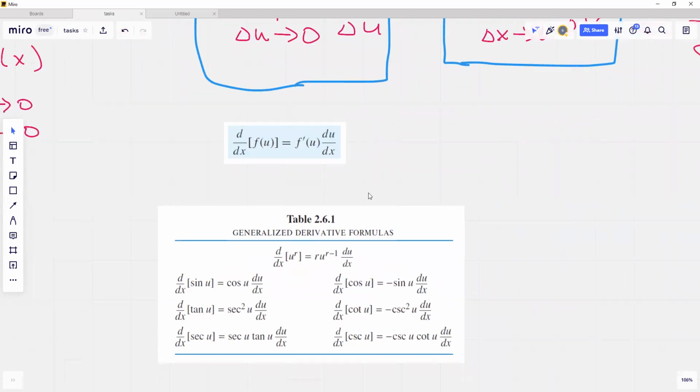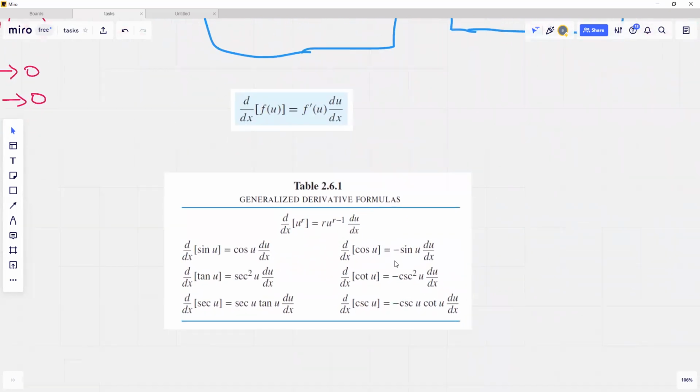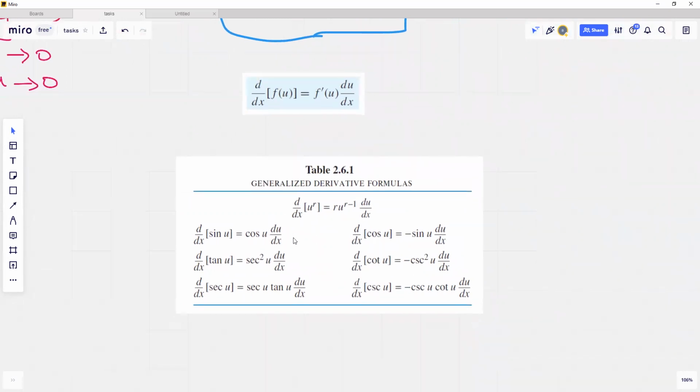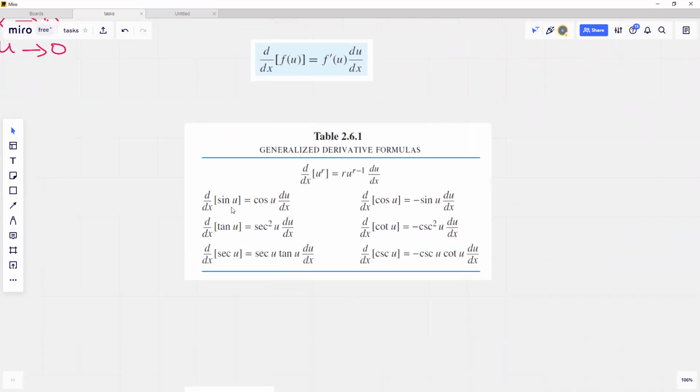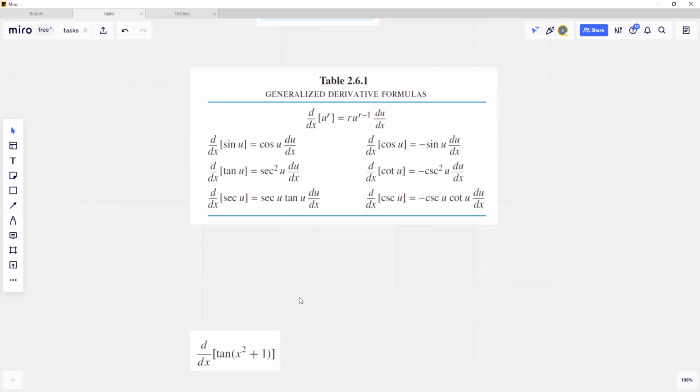So using this formula here, we can derive some common derivatives of trigonometric functions and power functions that we have studied so far. They are very similar. This time we multiply by the term du over dx, since our function sine is now a function of u, and function of u is a function of x.